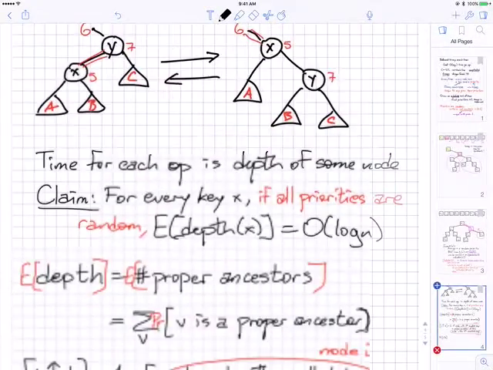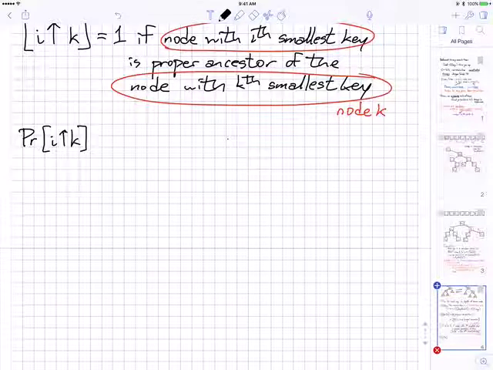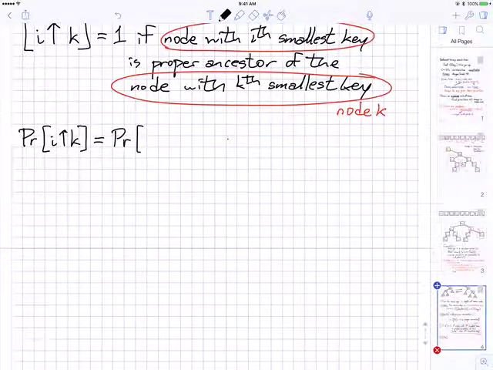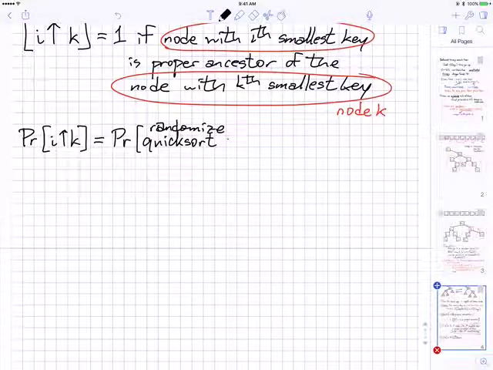Okay. So the probability that I is above K is equal to the probability that randomized quicksort compares I and K. Let me put a little squiggle here. It's sort of equivalent.